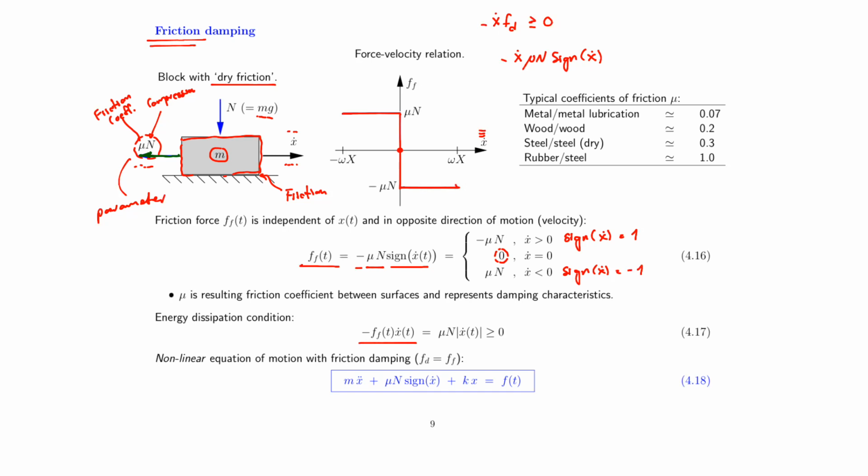But remember, we should also change the sign, and that means I can remove this minus in front of my mu n. Then a value times its sign is actually the corresponding absolute value. So we'll have mu n times the absolute value of velocity, and for positive mu n that is always non-negative. That means we have fulfilled our energy dissipation condition.